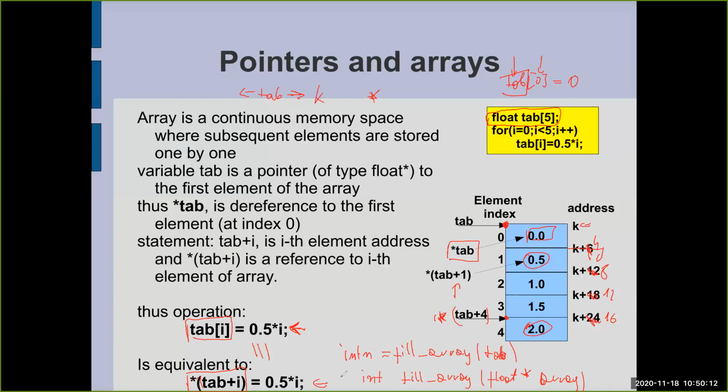So this is the header of the fill array function. So I pass, in fact, the pointer to the first element of the array. I showed you how to use it during the previous lecture.